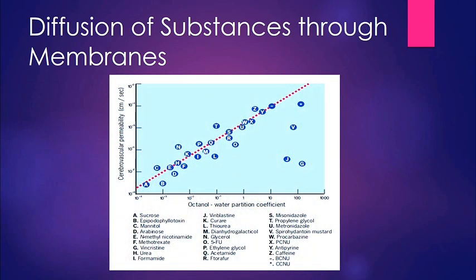This illustration shows the relationship between partition coefficient and membrane permeability of a variety of chemicals and drugs. It is evident that the greater the lipid solubility, the faster the penetration.